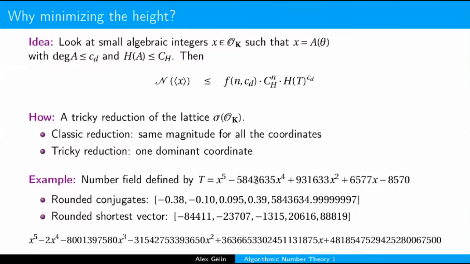If I look for the shortest vector in the sense of the L2 norm in the lattice, then I get this vector. Okay, the L2 norm is shorter. But look at the polynomial it gives me. I don't want to perform computation of resultants using this polynomial. It's insane.